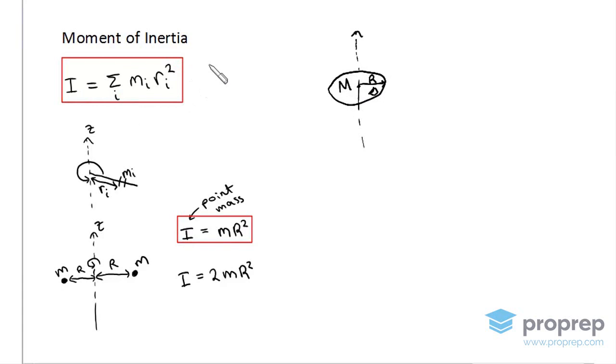Let's see how we do that. When we deal with a shape like this, where we have lots of masses dm, we're going to use the exact same equation, but with an integral, and we're going to integrate along the entire disk.